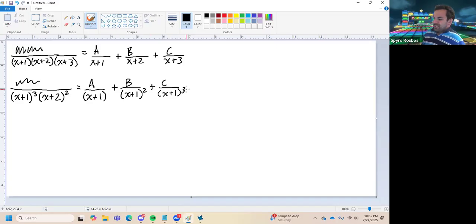And if you're thinking, yeah, but why? Why does it matter? If you don't do that, one of two things will happen when you try to solve for the letters. Either you'll get a system with no solution, or you'll get the letters, but it'll be a lie. You need all of these. And we do the same thing for the x plus 2 squared.